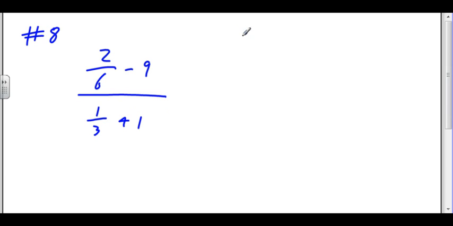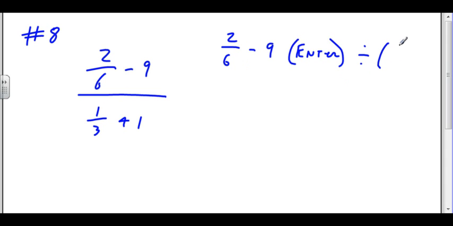So what I would do, I just put in my calculator, I'd put in 2 over 6 minus 9, and then I'd hit the enter button. What that'll do is that'll do that math. And then I'd go divide, and the computer would say answer divided by parentheses, and I'd call that 4 over 3, so I don't have to write a whole lot of stuff in. And then I'd write down my answer.